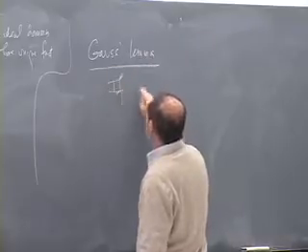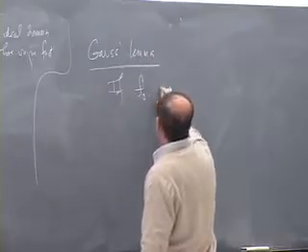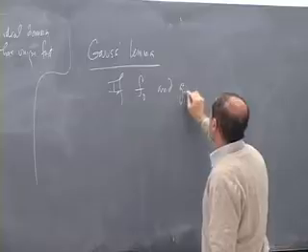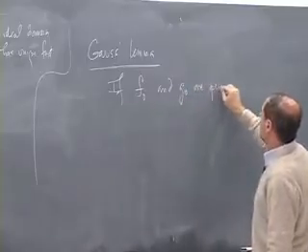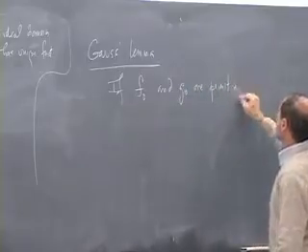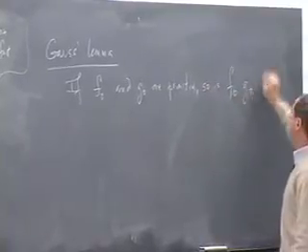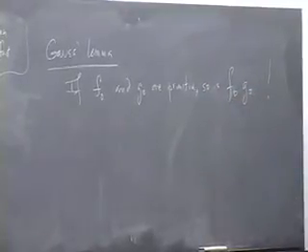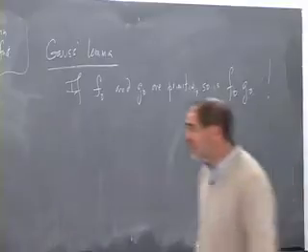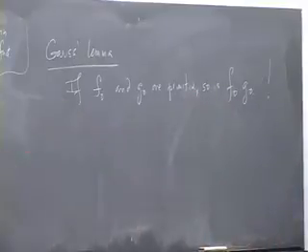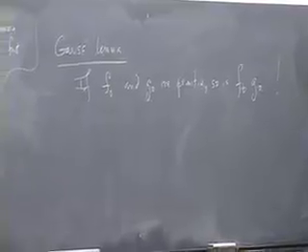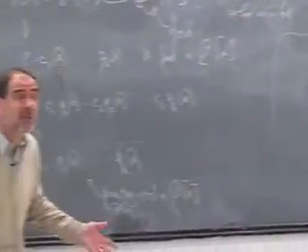If f0 and g0 are primitive polynomials, so is their product, f0 times g0. So in particular, this product is going to be a primitive polynomial because it's the product of primitive polynomials.